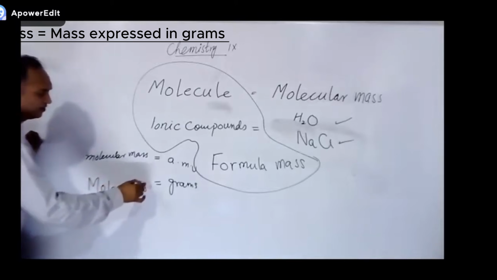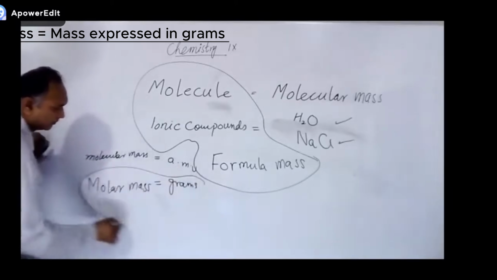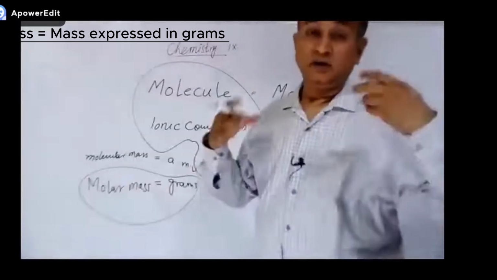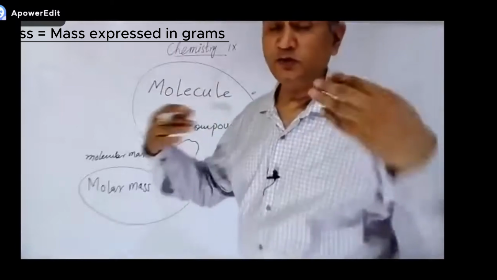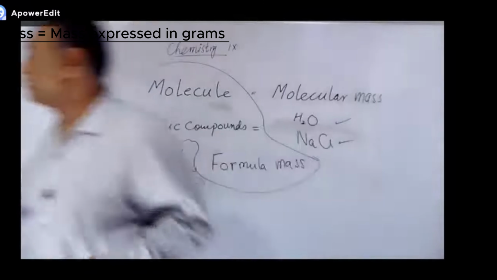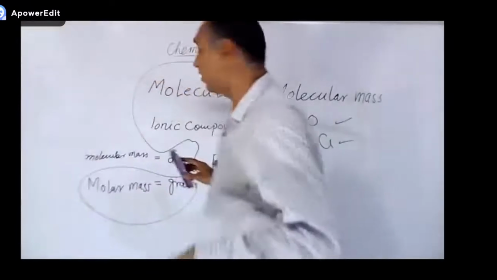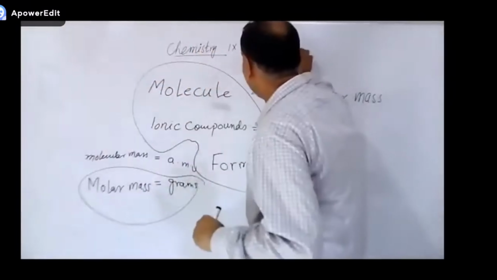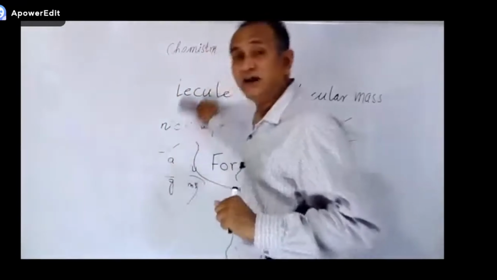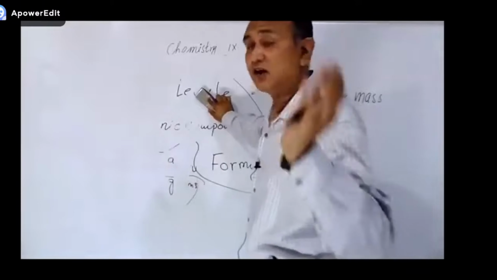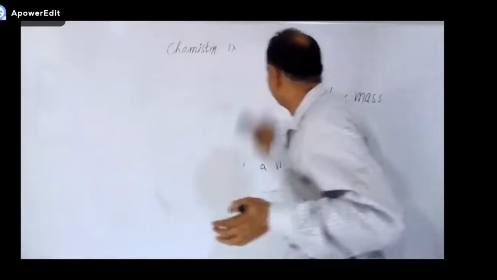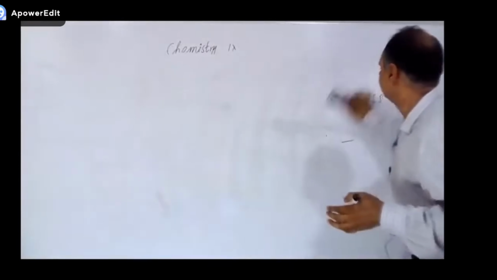So if you see the definition of molar mass, it is a mass which is expressed in grams. So we have done so many masses. We are all confused. So scientists found a very simple solution for it. All of these are written in your book. And inshallah, I will try to explain it again on Monday, because I know it's quite confusing.